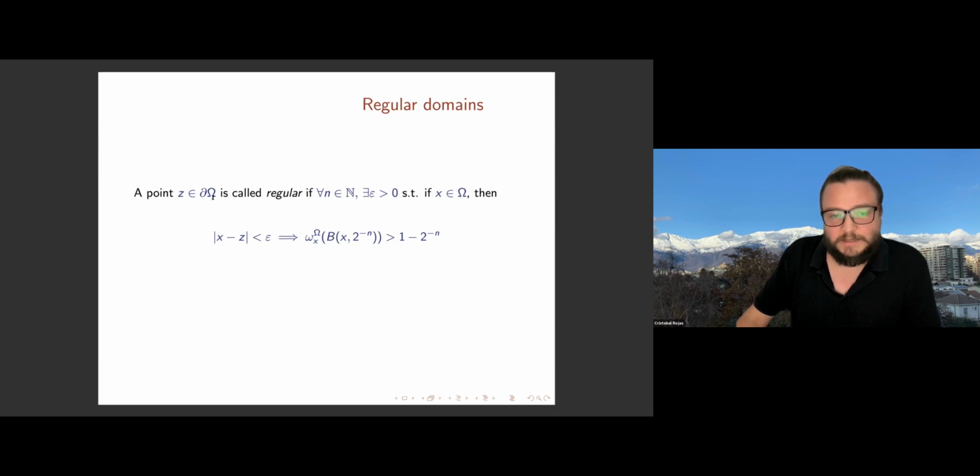A point in the boundary is called regular if for every natural number n, which here stands for precision 2 to the minus n, there is a distance epsilon such that if I pick a point closer to z than epsilon, then we will exit the domain near z, well, not for sure, but with very high probability.